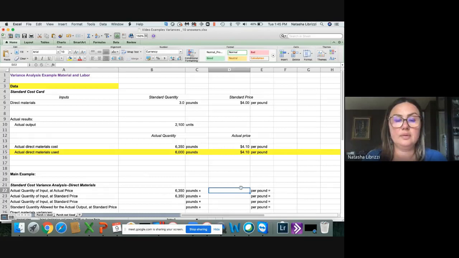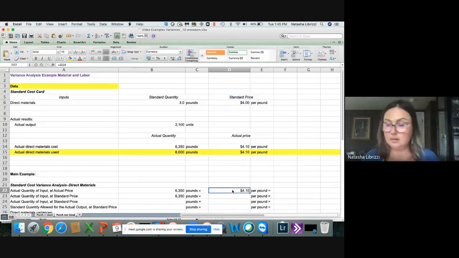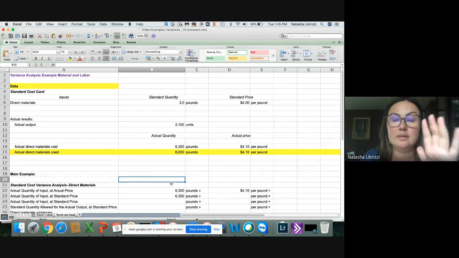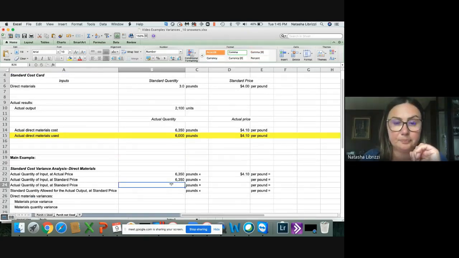However, we're going to do this a little bit differently. All right, so this is the same problem we just did. Direct material, $3. I took labor out. We're going to go back to that. Actual output, 2,000. But in this one, I'm giving you additional information. I'm telling you that actual direct material used is only 6,000. So I bought 6,350, but I only used 6,000. So how does it look different?